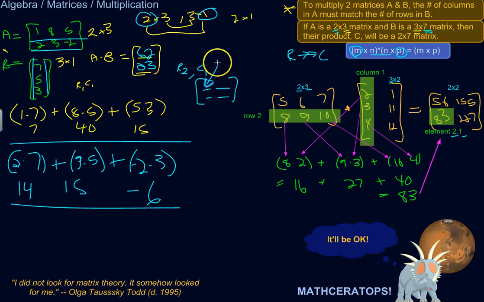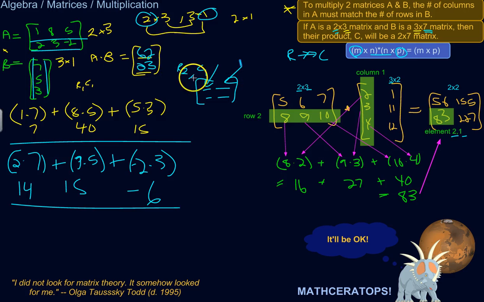Well, if it's in the first row in the first column, that means I multiply the first row of matrix A by the first column of matrix B. If it's in the first row, second column, that means I multiply the first row of matrix A by the second column of matrix B.